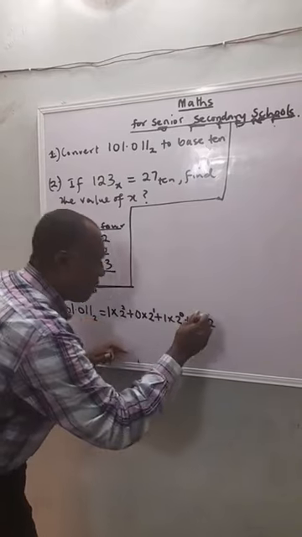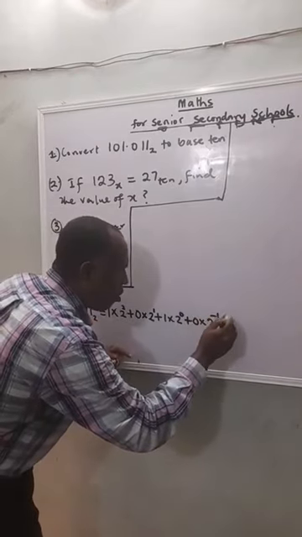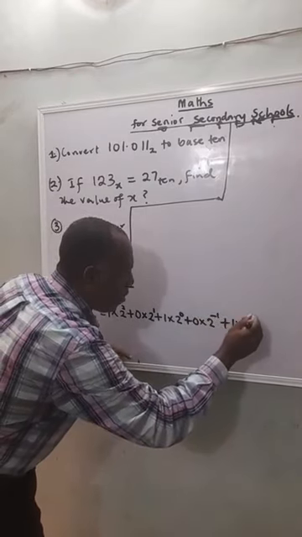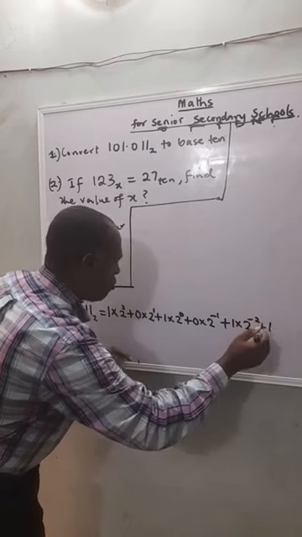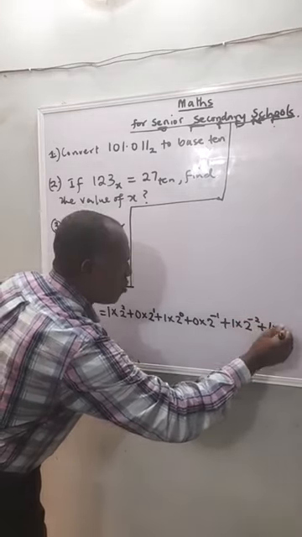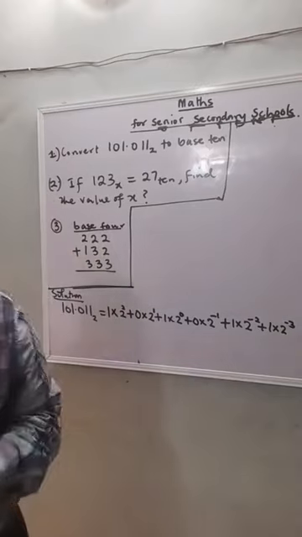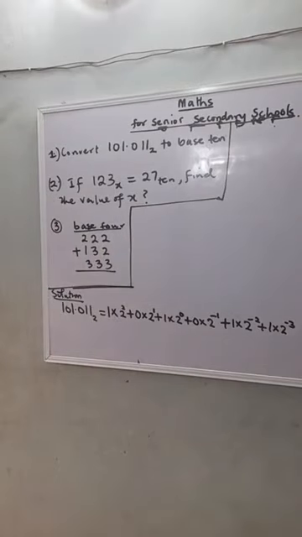After 0, the next should be minus 1, plus 1 times 2 raised to power minus 2, plus 1 times 2 raised to power minus 3. That's how it will be. With this, you can sort out the problem.